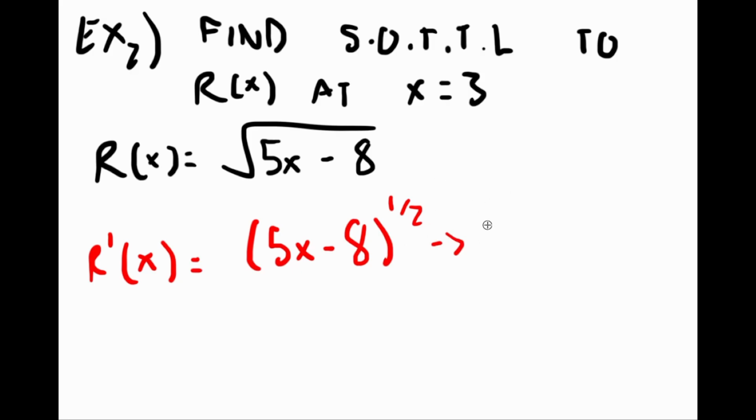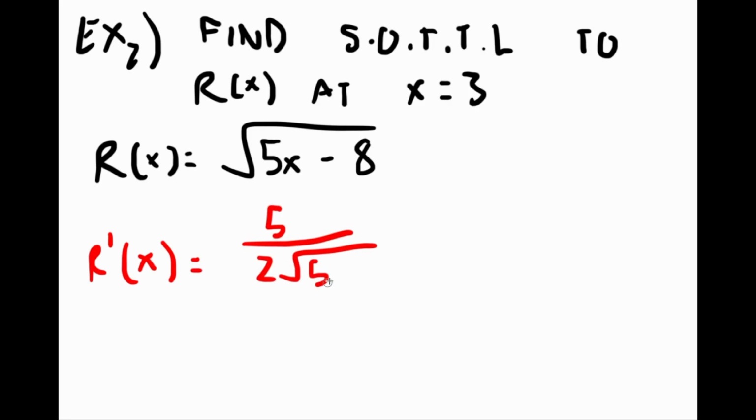So it would look like 1 over 2 times 5x minus 8 to the negative 1/2. And also, x is multiplied by 5, so it'd be 5 over 2. So that would give us 5 over 2 square root of 5x minus 8.